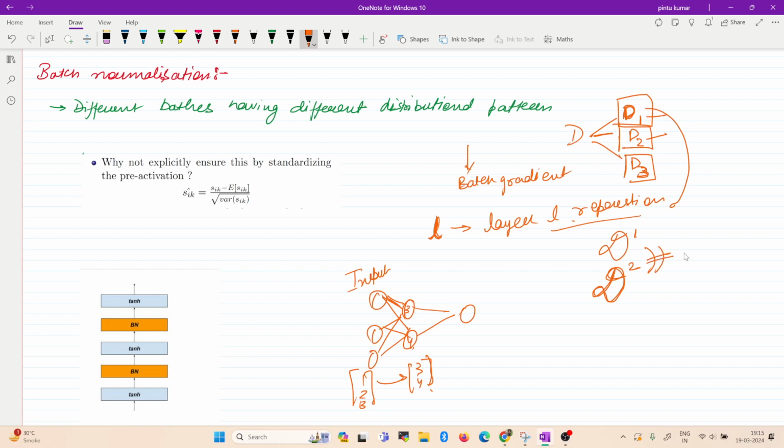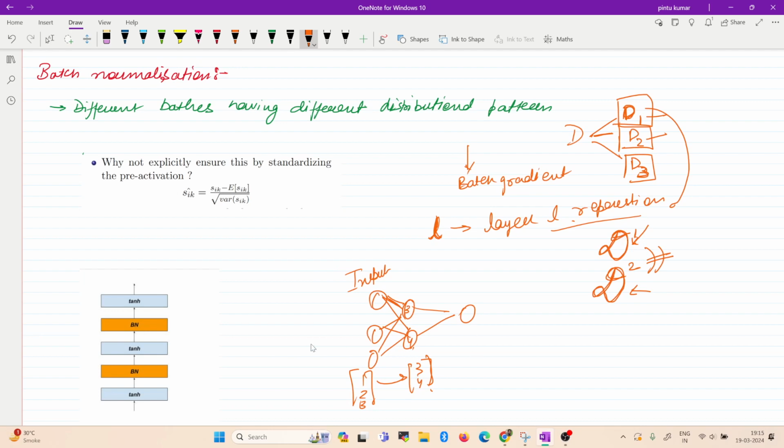So this would cause a problem. You have fitted all the weights so that you are able to produce D1, and now you want to change everything and fit it to your D2. And next time when you encounter your D1 dataset, there will be a lot of distribution shift.